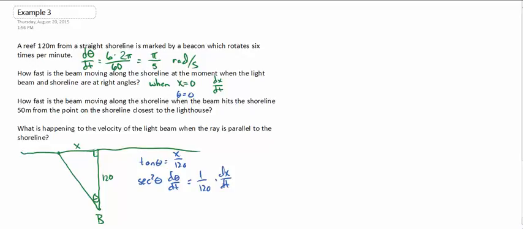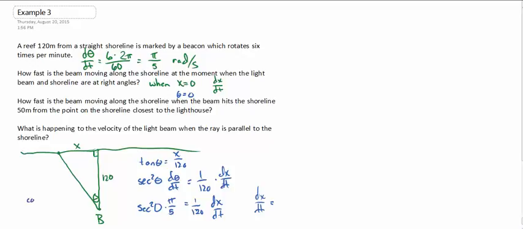And we know that theta is 0, so secant squared of 0, d theta dt is pi over 5, equals 1 over 120 dx dt. Solving this, we get dx dt equal to secant squared 0.